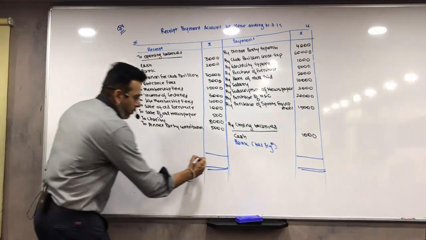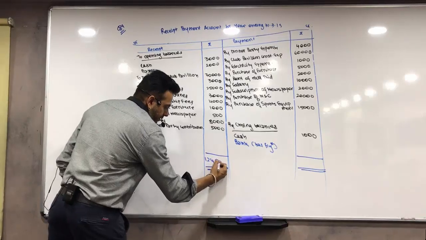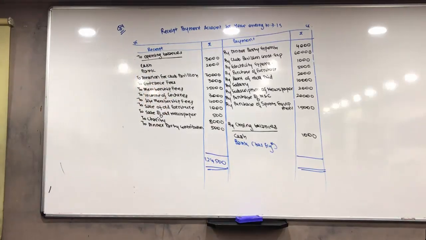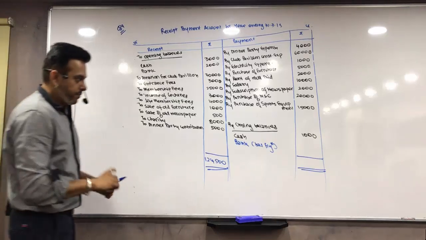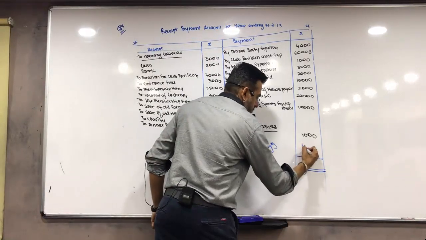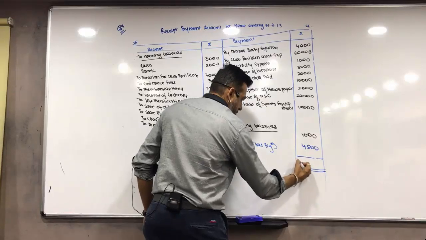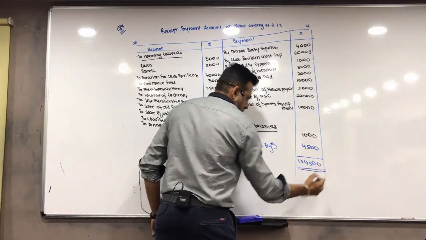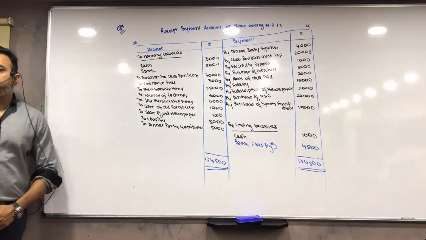Yes. 124500. And over here, how much? 4,500. All of you understood this?